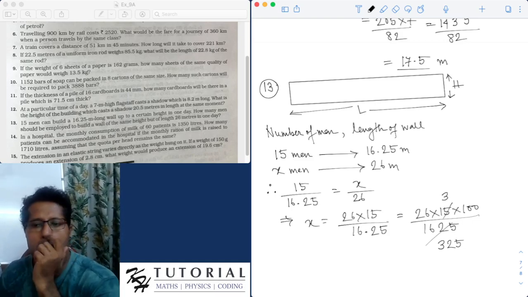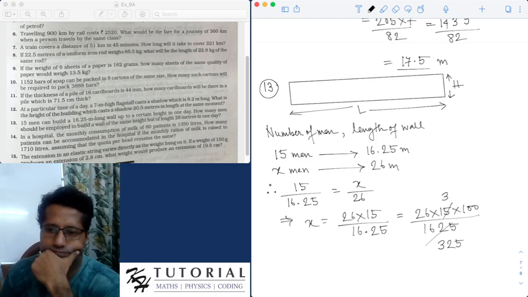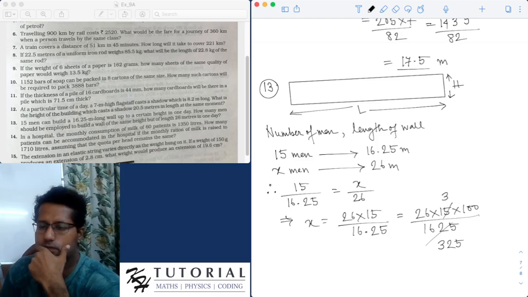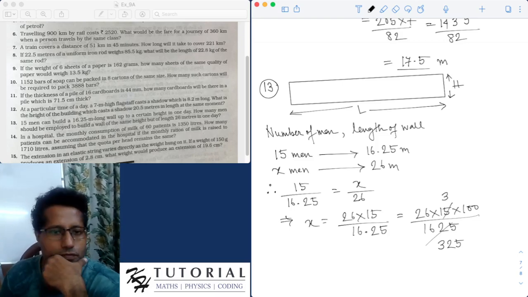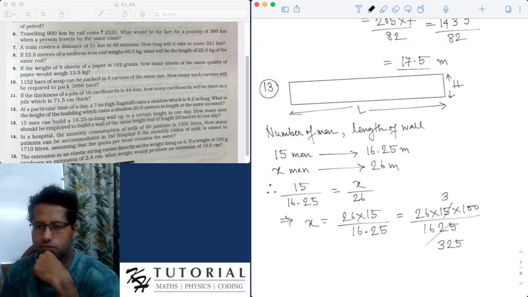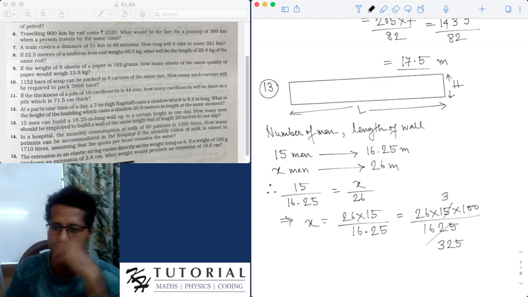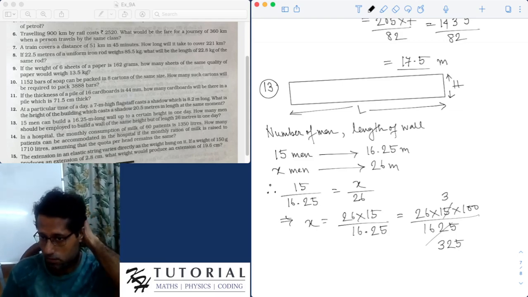So 15 men can build 16.25 and X men can build 26 meters. 15 by 16.25 equals X by 26. This implies X equals 26 into 15 divided by 16.25.